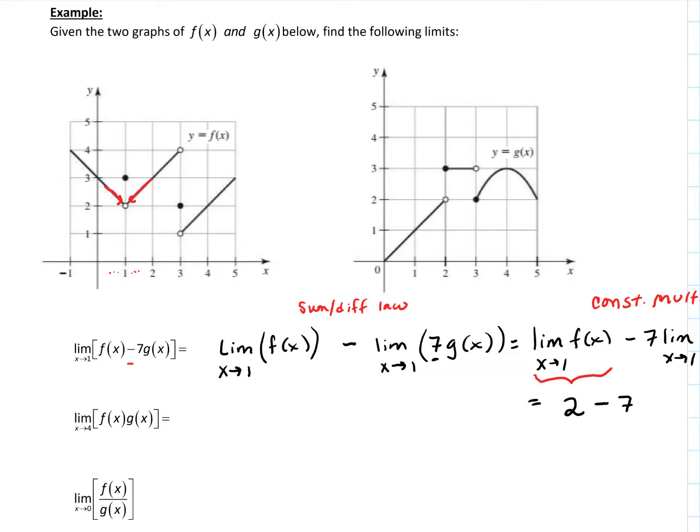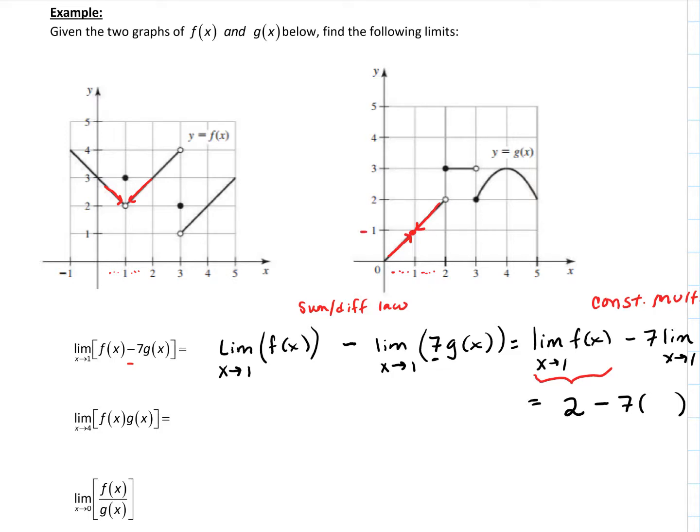Minus 7 times, now I have to go to the g of x graph and do the same thing. So what is the limit of g of x as x approaches 1? Well, as x approaches 1, I have to come from both directions on the x-axis to 1 and see what's happening to the function. From both sides, we are approaching the value 1.